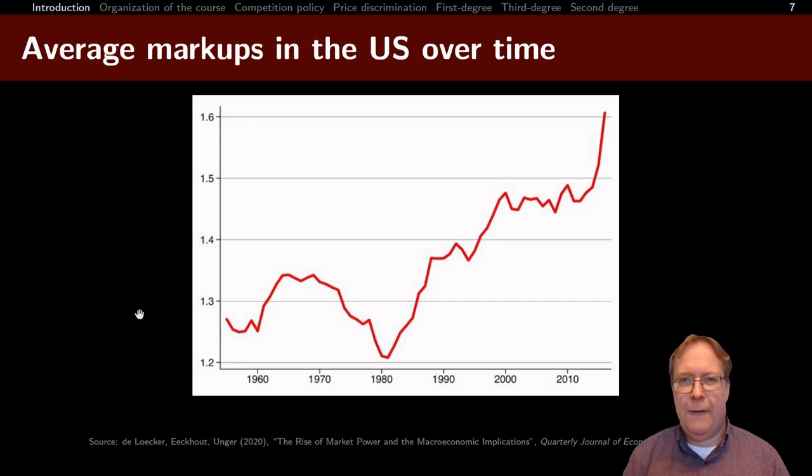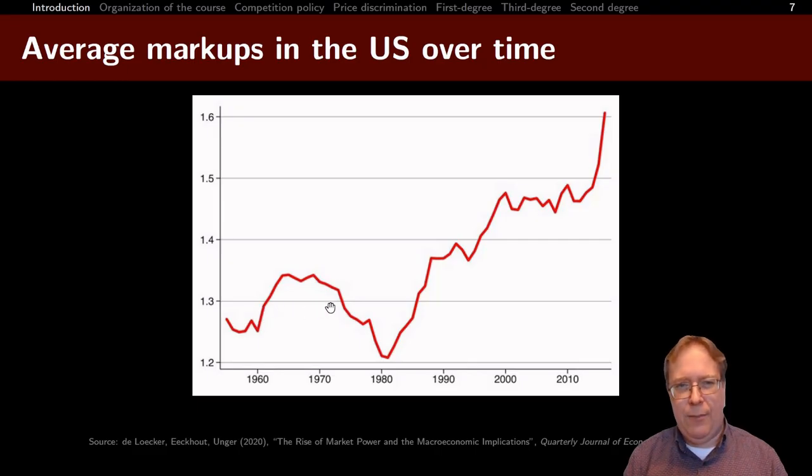So here you can find the source of this study. This is a couple of years ago, but it spawned a big literature related to this issue. So here you see that price cost ratio through time.